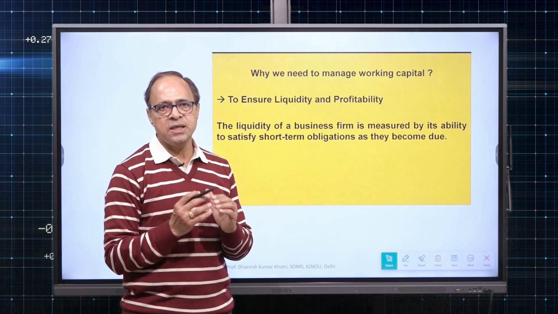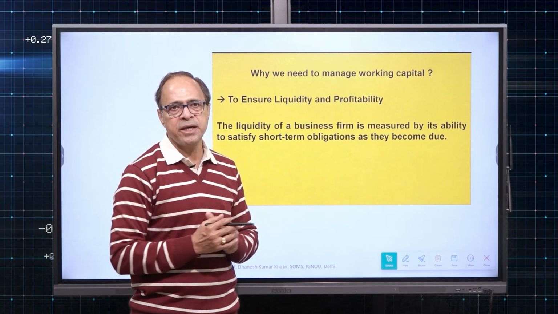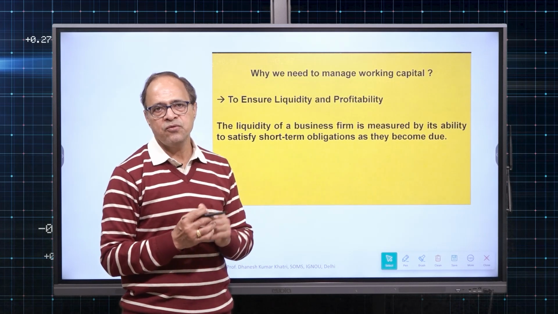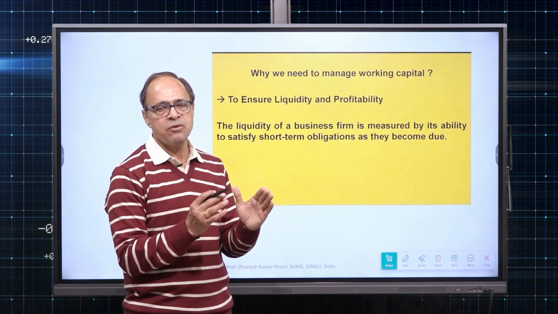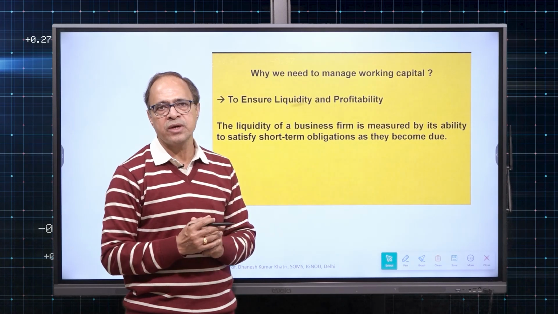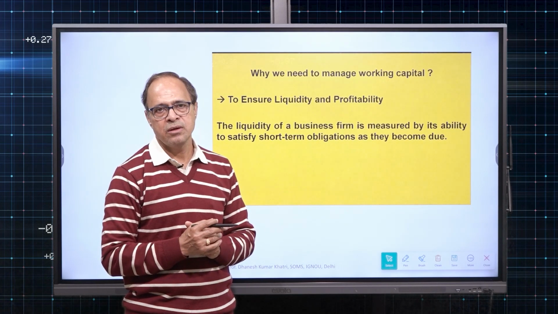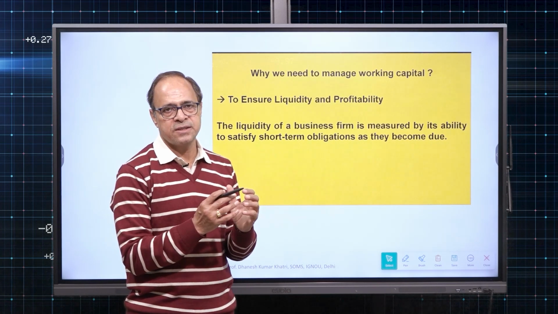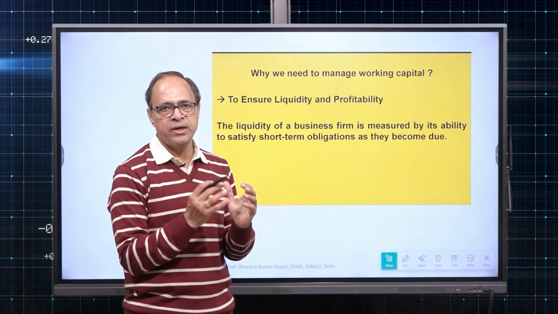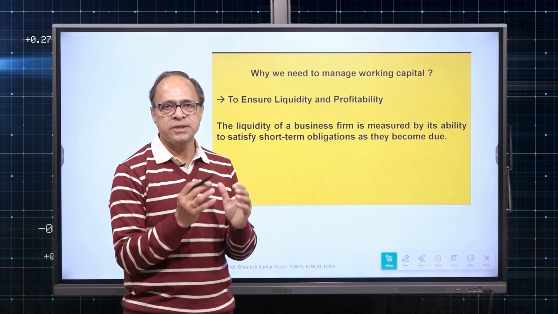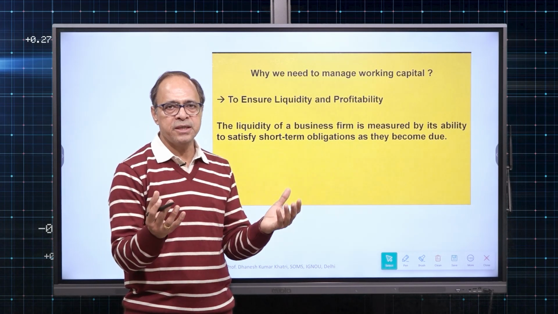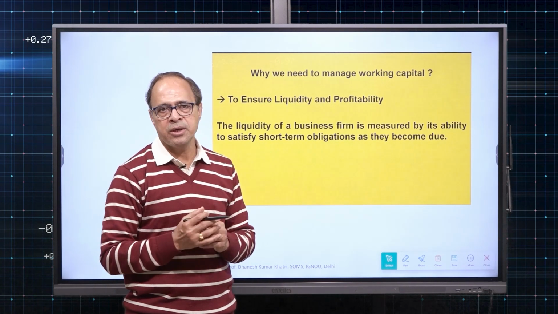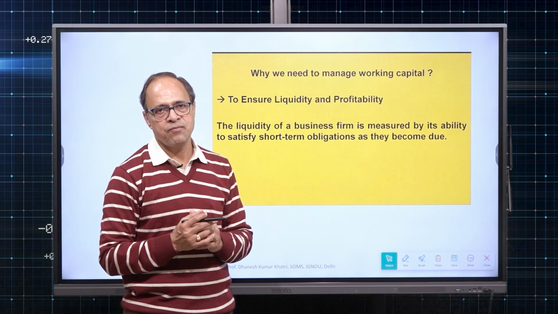Because to sustain the normal level of operating activities round the year, some minimum level of funds will be invested in the working capital elements, because different current assets, debtors, inventory, prepaid expenses originate from the operating cycle, and as I said, the longer the operating cycle, the higher will be the requirement of working capital and vice versa.